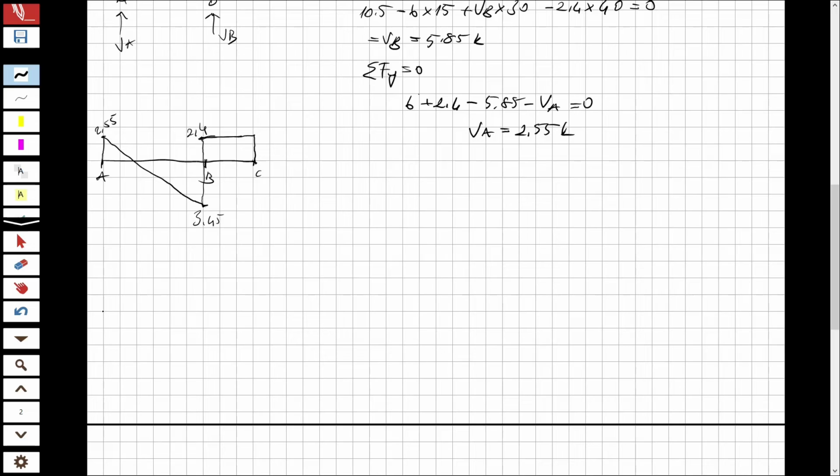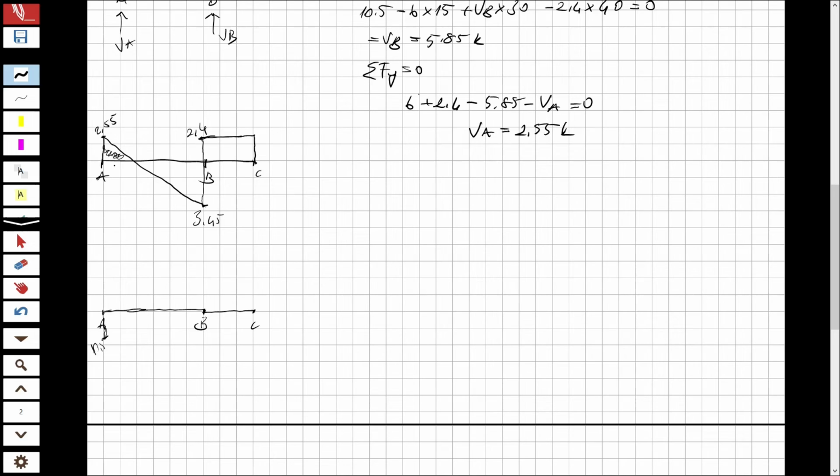And now let's draw also the moment diagram. I'm going to draw it also here, and this is going to be the same point. If you draw like that, it will be better, because you won't be confused about which point is which. So A, B, C, and I have a moment here as 10.5. I will go down 10.5. And I will raise up by this amount of area.